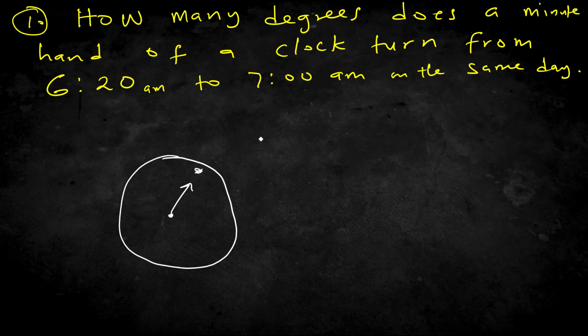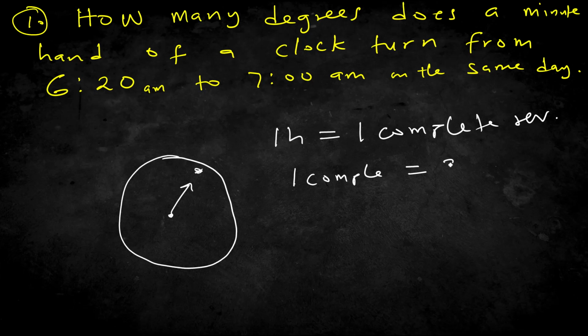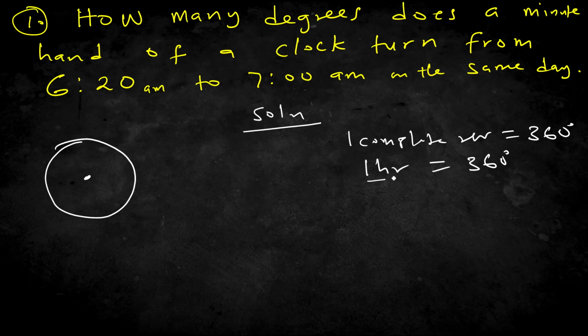So with this we can say 1 hour is the same as one complete revolution, and one complete revolution is equal to 360 degrees, which is the same as 60 minutes. So in every 60 minutes we get one complete revolution, so it's the same as 360.